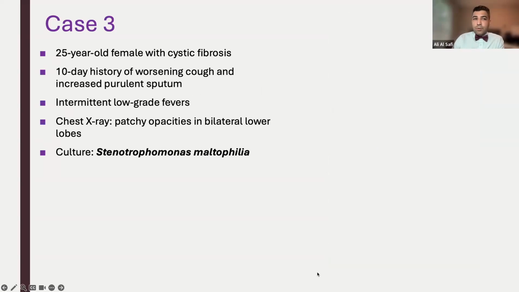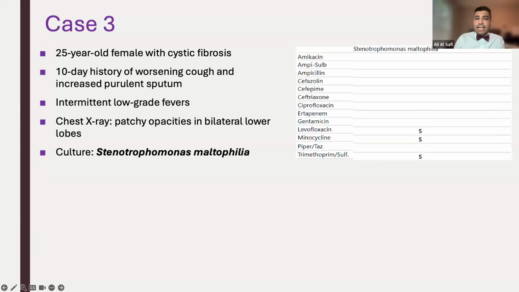Case 3, we have a 25-year-old female with cystic fibrosis, 10-day history of worsening cough and increased sputum, and low-grade fevers. Chest X-ray again shows patchy opacities in the bilateral lower lobes, and the culture grew Stenotrophomonas maltophilia.